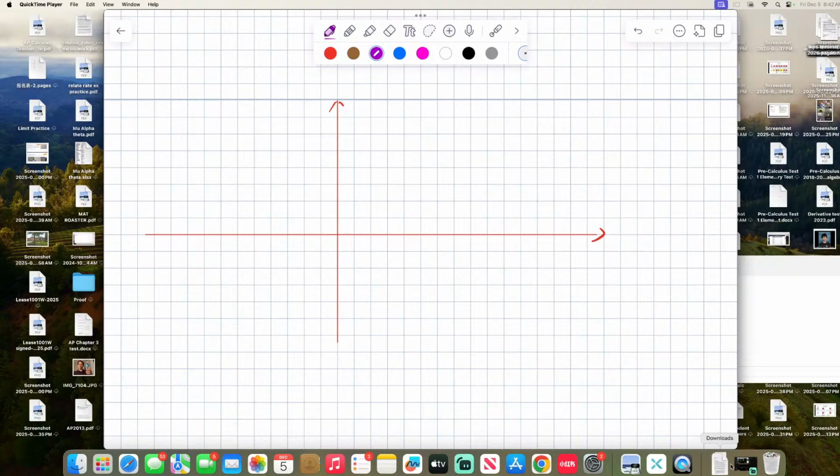So just say I have something like this, and like this, and like this, and this, and this, and here I have a quarter circle curve, like this.